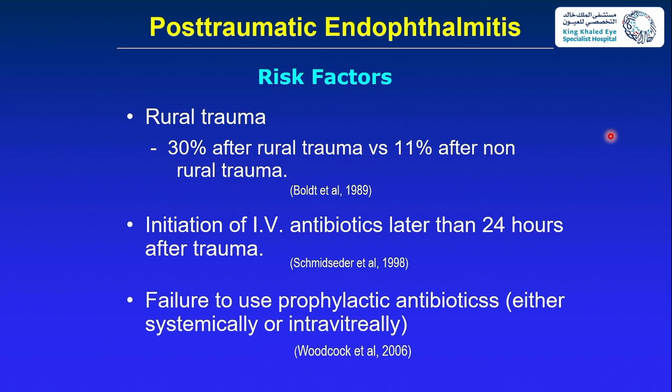A patient who is working in a farm and had open globe injury, the risk is extremely high. This is a very famous paper that looked at rural trauma, and the incidence was 30% after rural trauma compared to 11% after non-rural trauma.